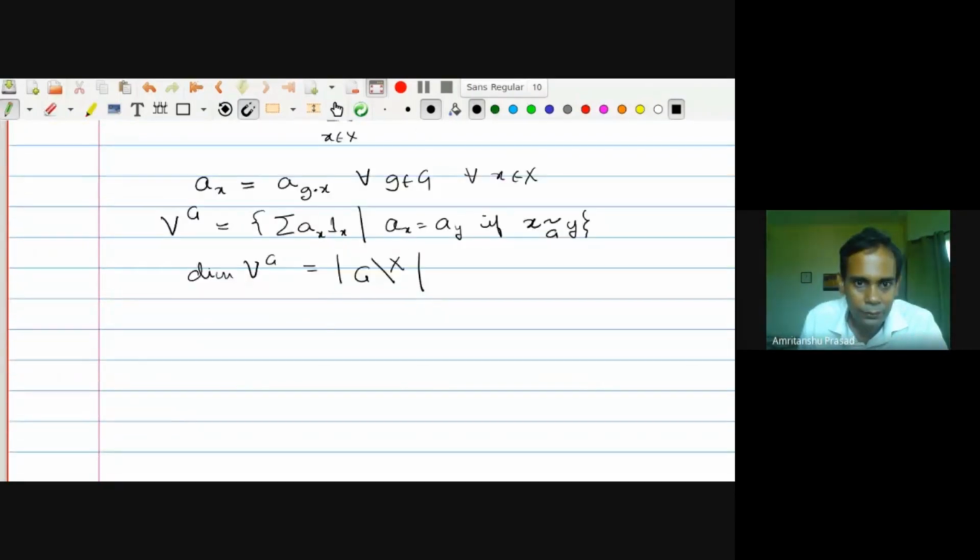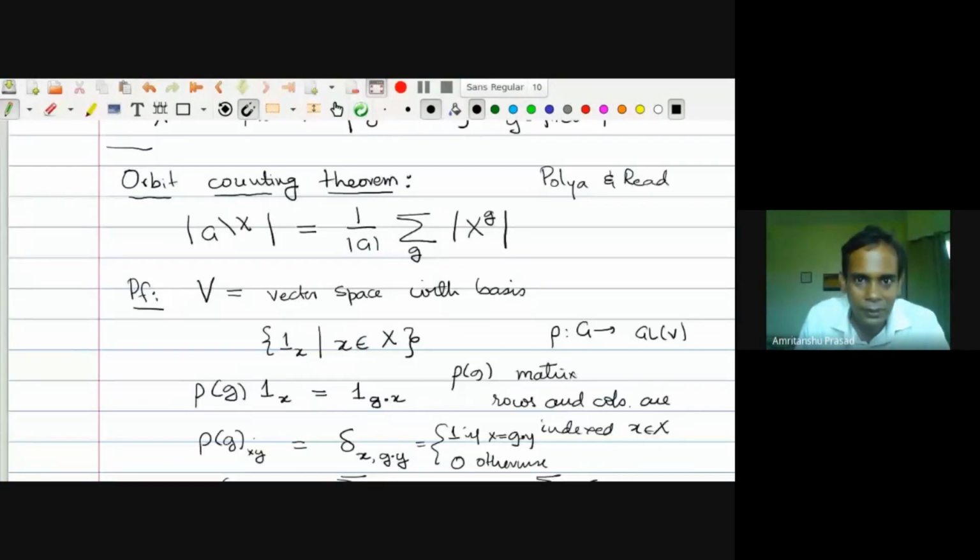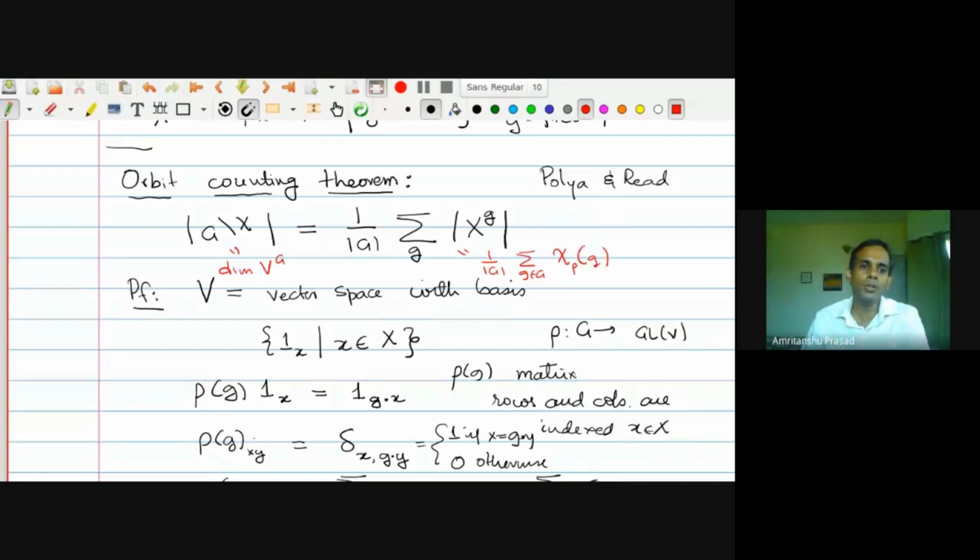So what we get is the orbit space with this representation: this becomes the dimension of V^G, and this becomes 1 over |G| summation over g in G of chi_rho(g). So this orbit counting theorem is just a consequence of the earlier theorem where we computed the dimension of invariant vectors.